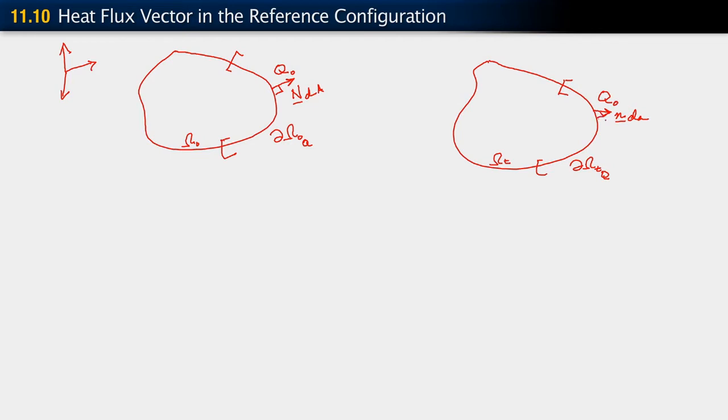That area vector is perpendicular to the current configuration. Capital N dA is the area vector perpendicular to the surface in the reference configuration. What we're saying is that between these two configurations, the amount of heat we are sending in through that surface, and this is what we're controlling, is the same. Okay?